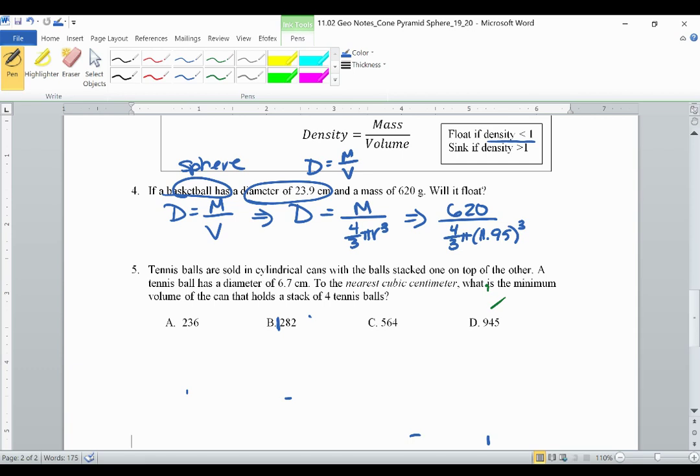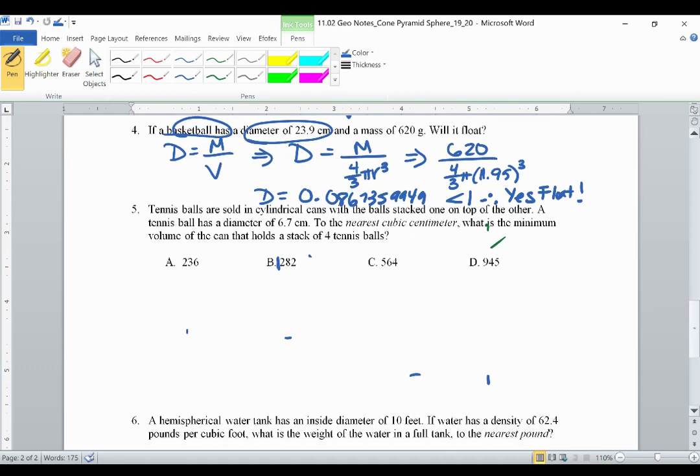So you could do it that way, and I'll let you guys type it in yourselves, but you should end up with 0.8673599949, which is less than 1. Therefore, yes, it will float because the density is less than 1.